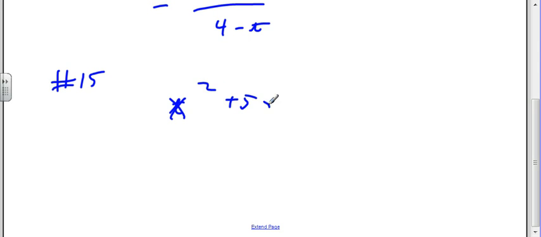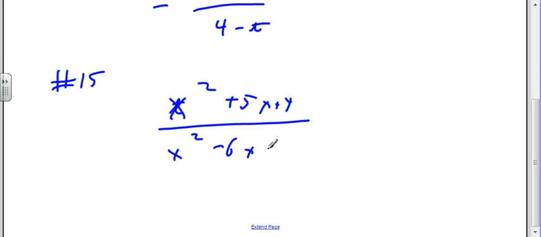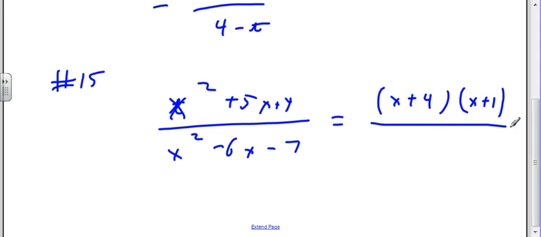x squared plus 5x plus 4 divided by x squared minus 6x minus 7. Well, I can factor the top guy, x plus 4, x plus 1. And I can factor the bottom guy, x minus 7, x plus 1.